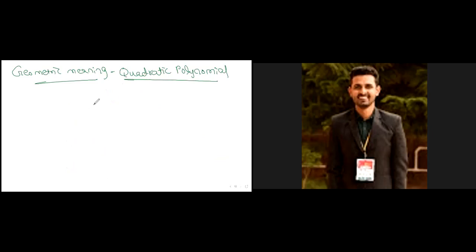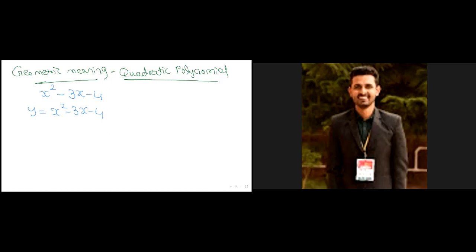If it is the case of a quadratic polynomial, let me take an example of x square minus 3x minus 4. I can write this as x square minus 3x minus 4.